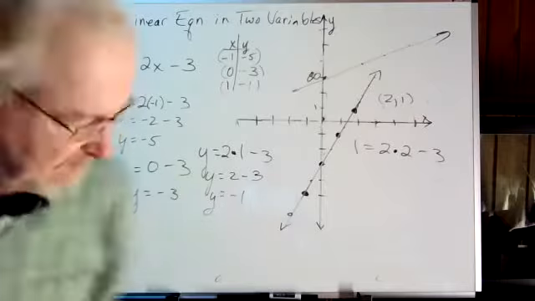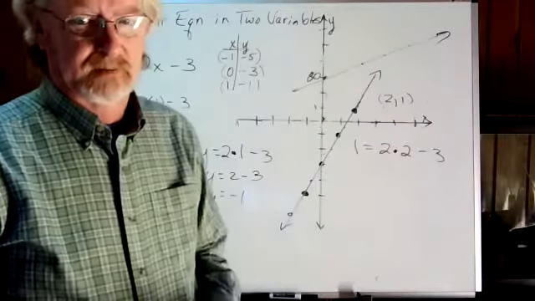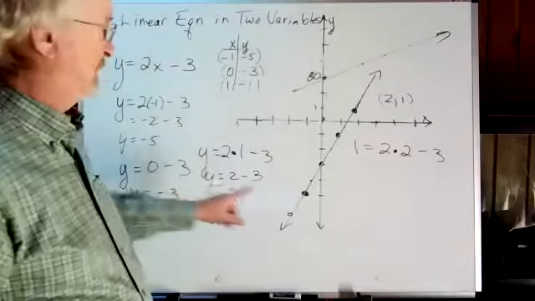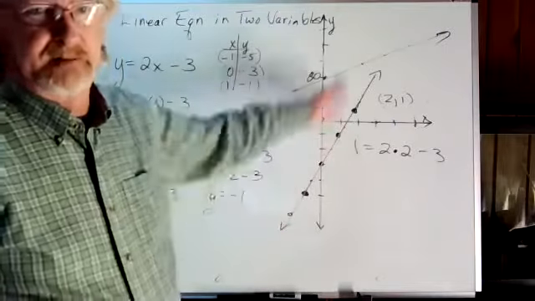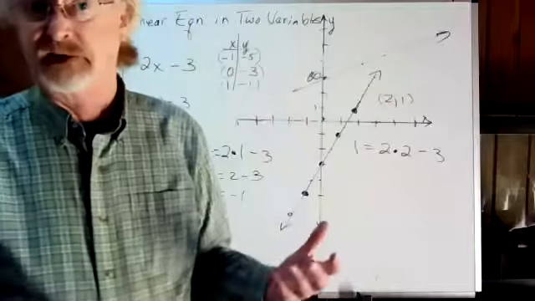How am I doing here? All right. I've actually started 4.2. I started actually putting them onto the graph and connecting the dots and making a line that was graphing linear equations.